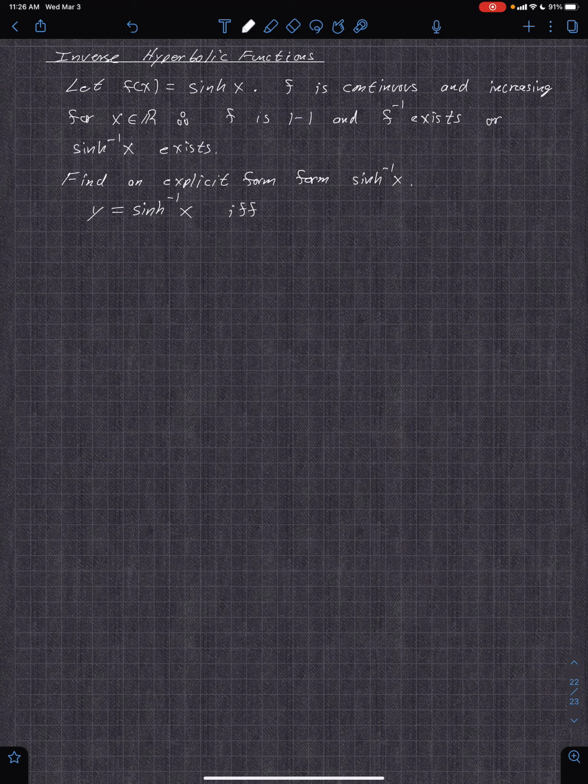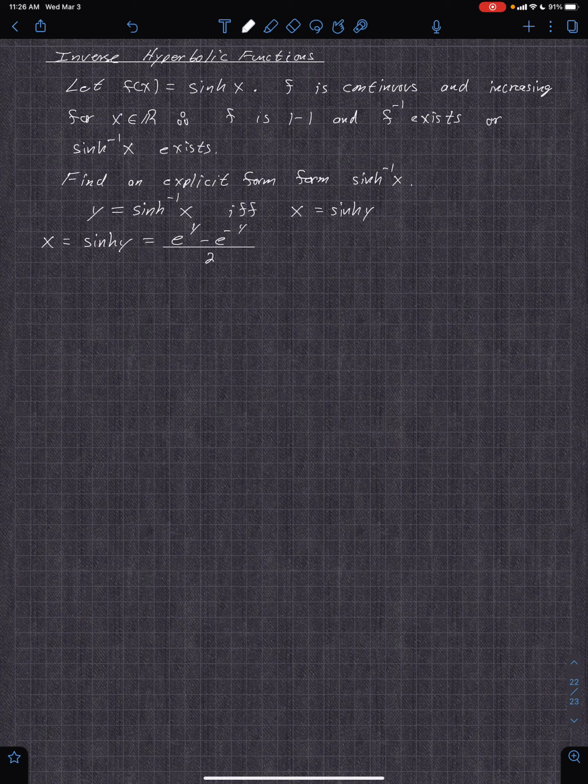Because of the above, that's equivalent to, if and only if, x is equal to sinh y. So we can write that as a definition. x is equal to sinh y, which is equal to e to the y minus e to the negative y over 2.